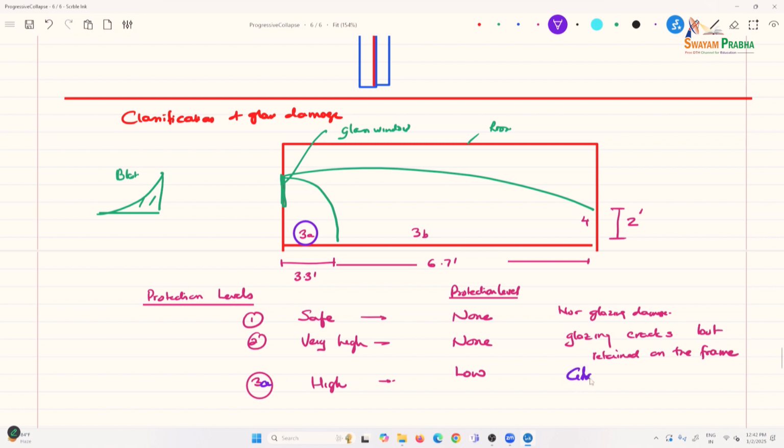Glazing cracks or glazing fragments, but falls within 3.3 feet, 1 meter of the window.